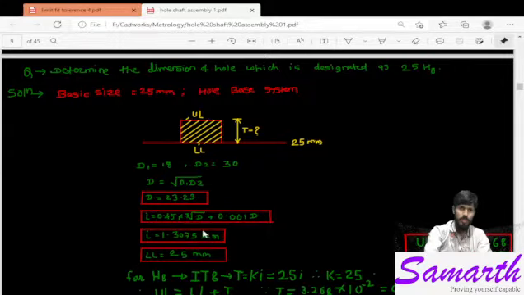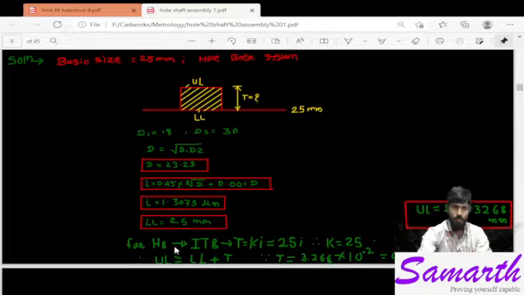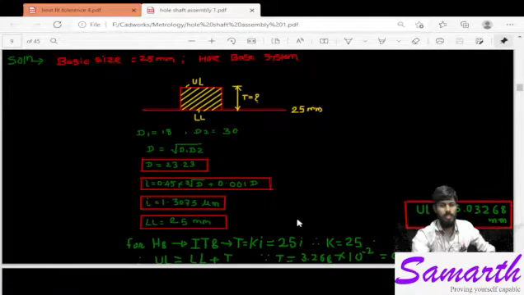So by putting this value of i in our tolerance formula, T is equal to Ki, we will get the tolerance value. You know that K is 25 for the international tolerance 8, IT8. So here we have got the value of tolerance for the hole.